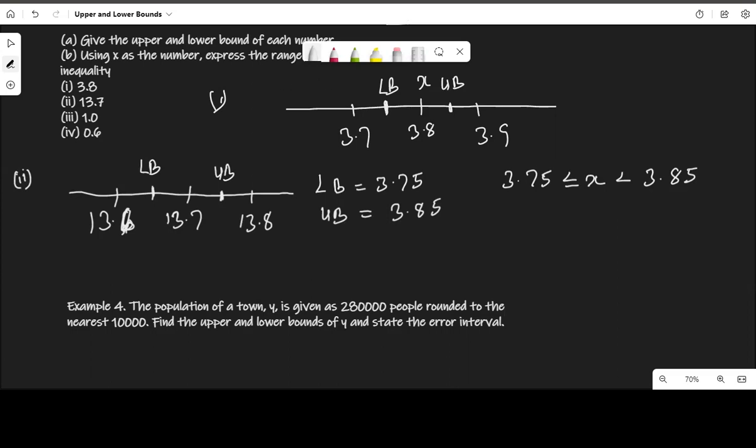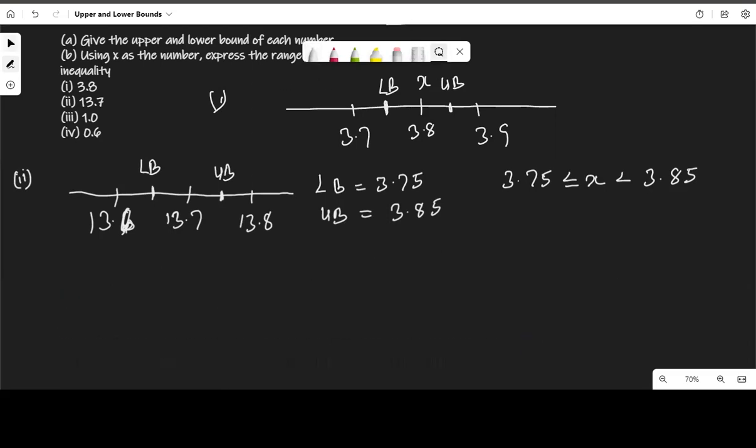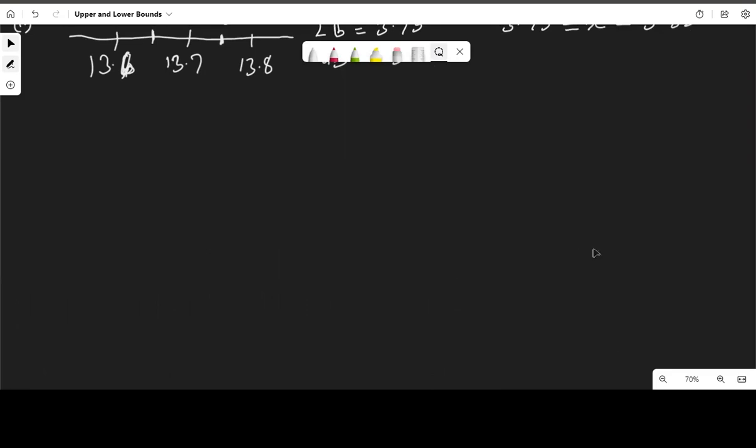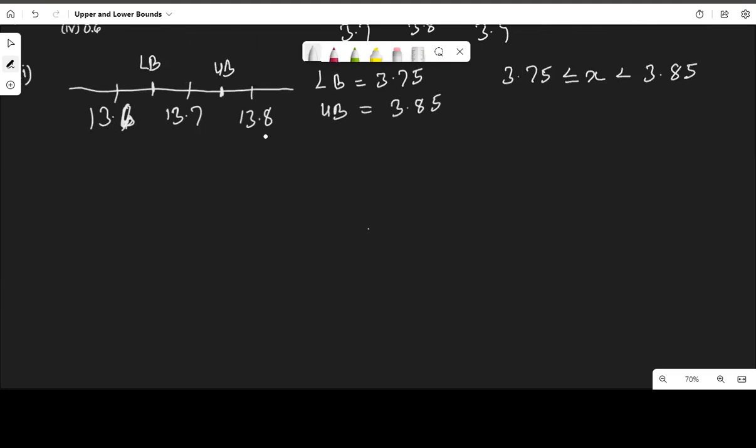Let me create some space on the board. Okay, so to get the lower bound, if you are not sure, add 13.6 to 13.7, divide by 2. That will give you the number there. So LB is 13.65.